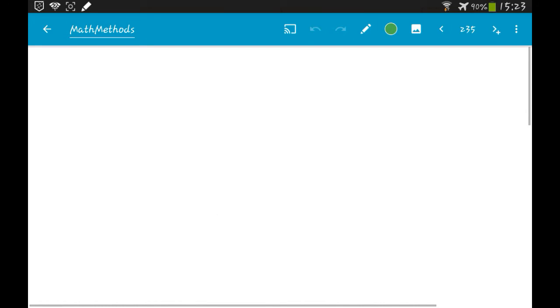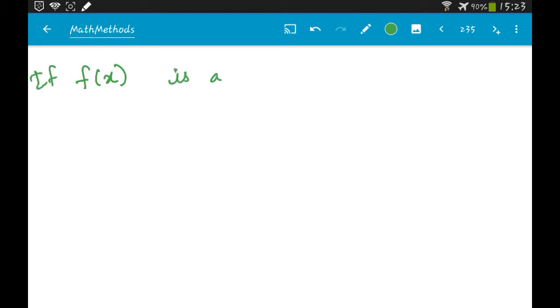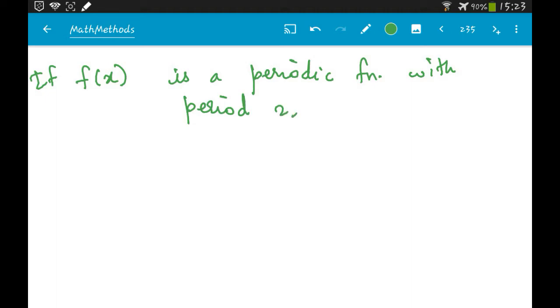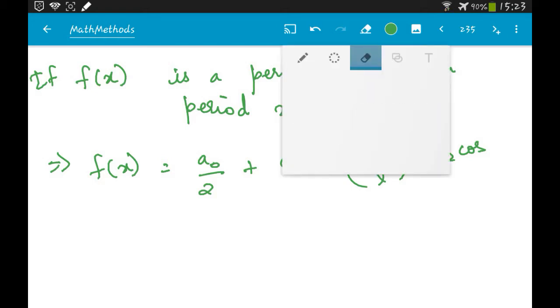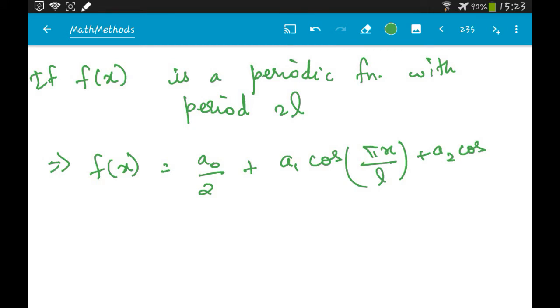So how can we write the Fourier series? If f of x is a periodic function with period 2L, then f of x can be written as a0 by 2 plus a1 cos pi x by L, because n is 1 for this part.